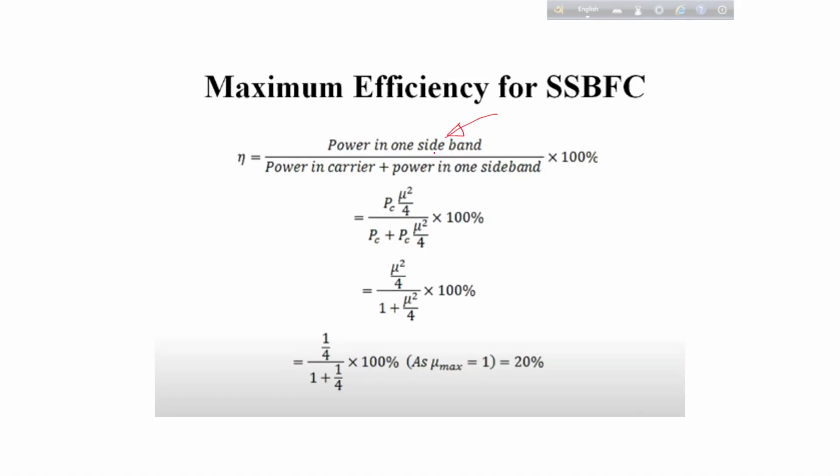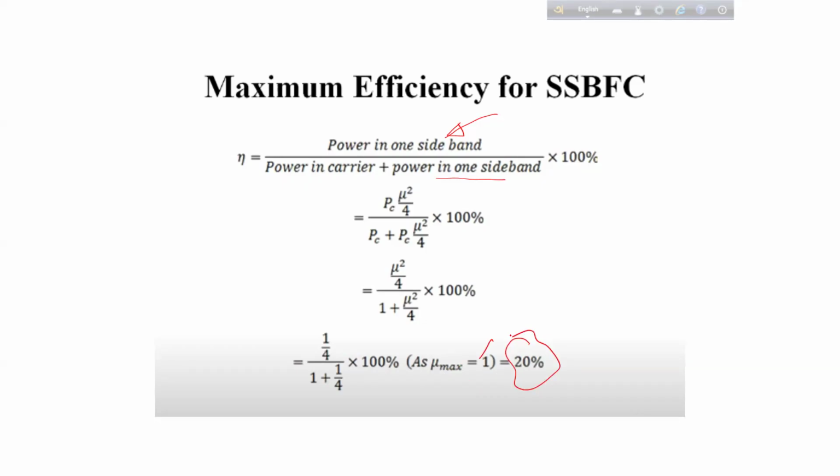Power in one sideband is Pc mu square by 4, and power in carrier is Pc. If we simplify this and place mu maximum equal to 1, we will get 20%. So the maximum efficiency of SSB-FC is 20%.